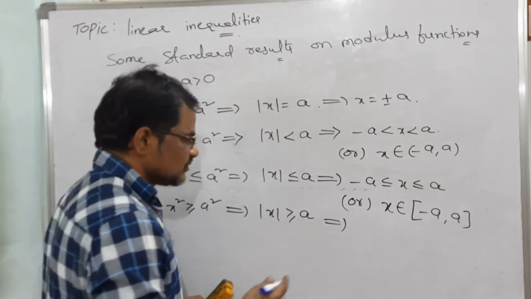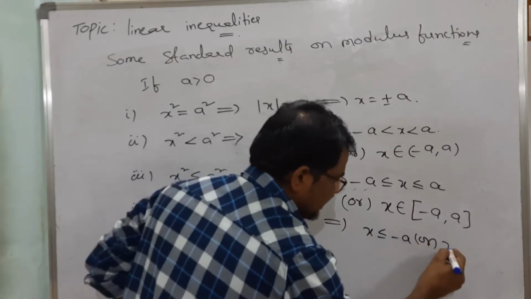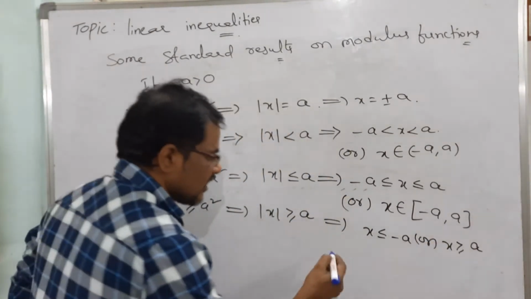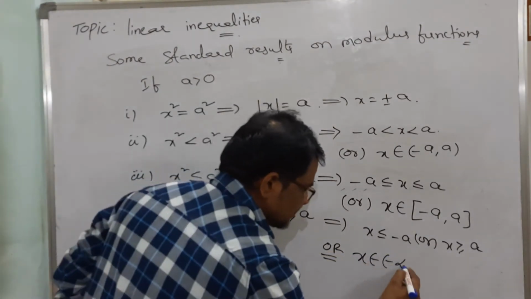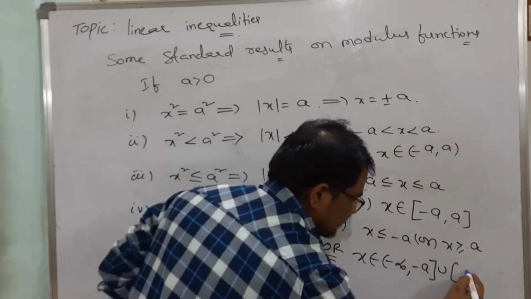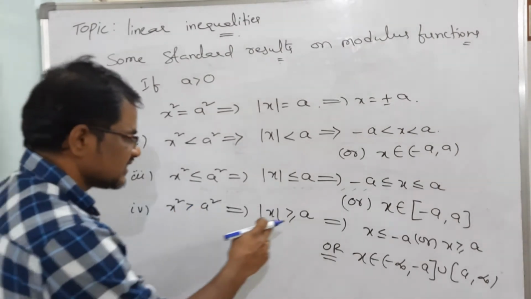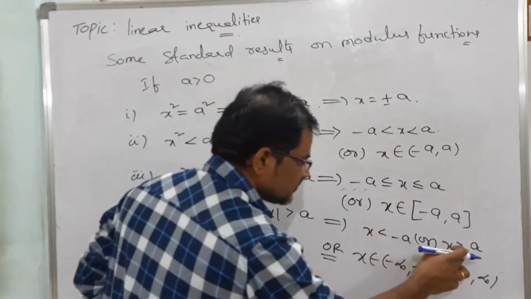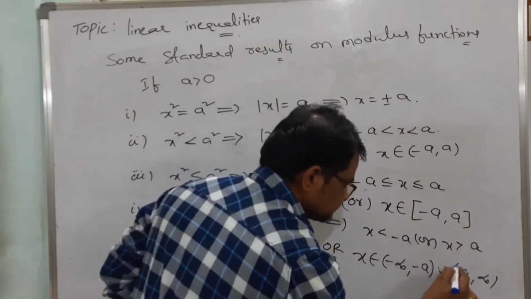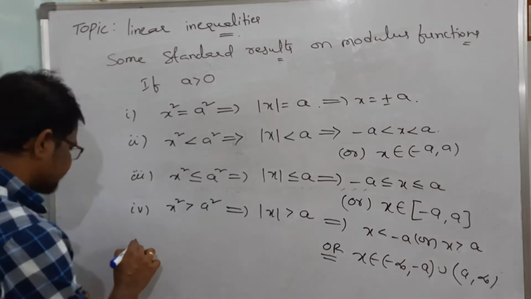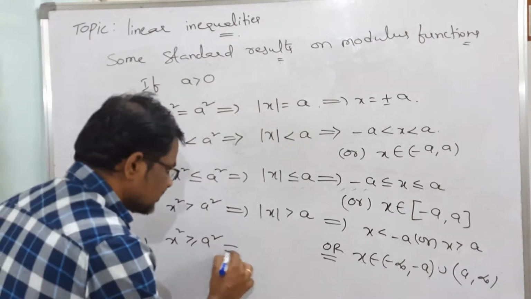So how to write: x less than or equal to minus a or x greater than or equal to plus a, or in terms of intervals x belongs to minus infinity to minus a closed interval, a to infinity. Suppose here only greater than is there, then the equal to will not be there, meaning open interval, right?